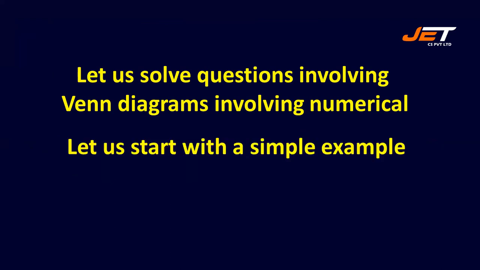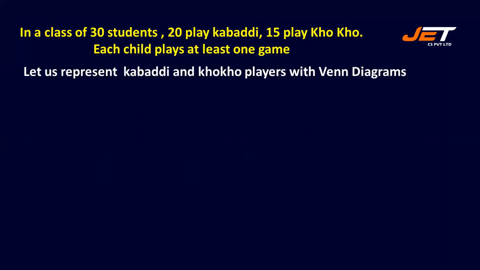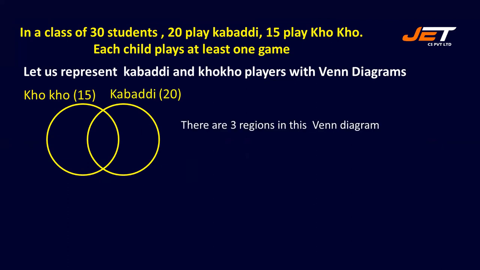Right. So let us start with a very simple example. In a class of 30 students, 20 play kabaddi, 15 play kho-kho. Each child plays at least one game. So let us represent kabaddi and kho-kho players with Venn diagrams. So here goes the Venn diagrams. So the first circle says kho-kho 15 players and kabaddi 20 players.